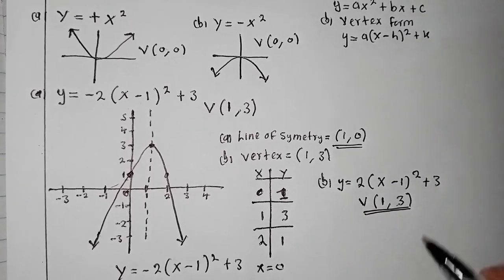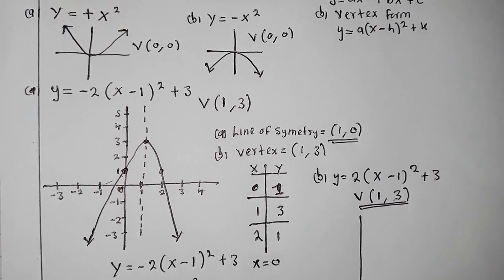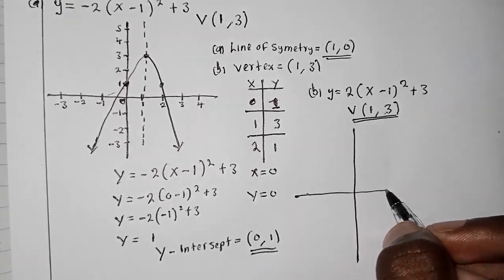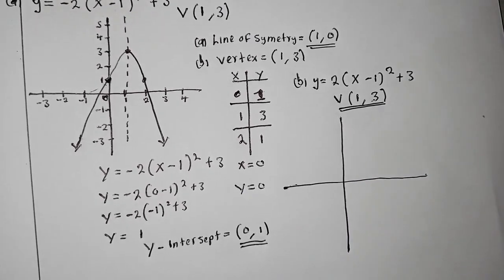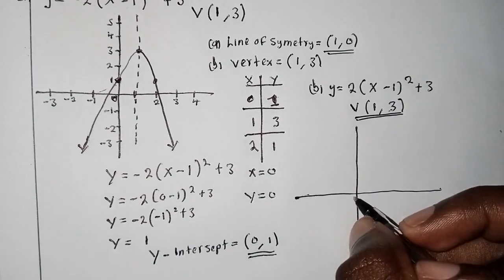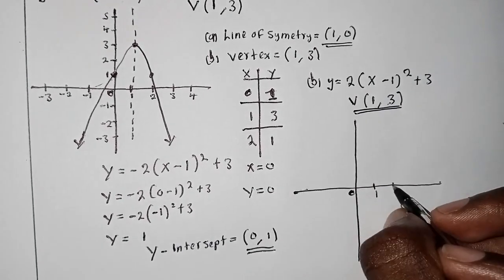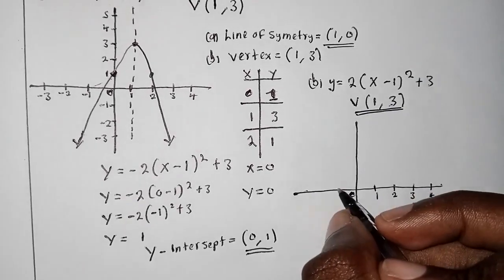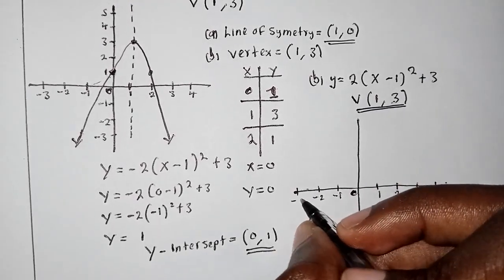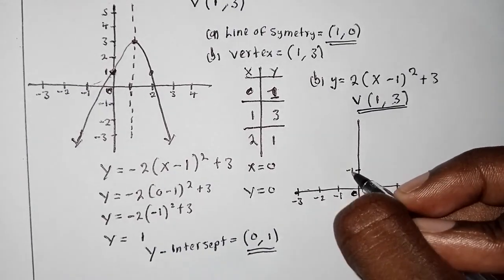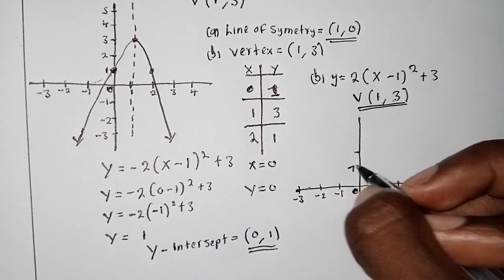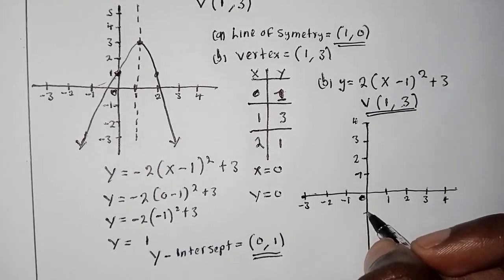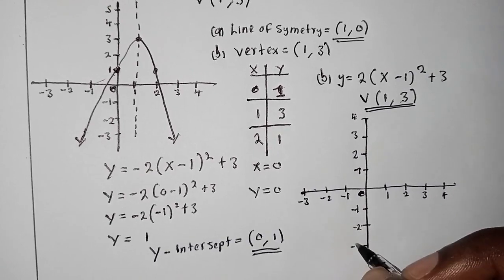Then from here, let's draw the graph. We have 0, 1, 2, 3, 4, negative 1, negative 2, negative 3, and on the vertical axis, 1, 2, 3, 4, negative 1, negative 2, negative 3.